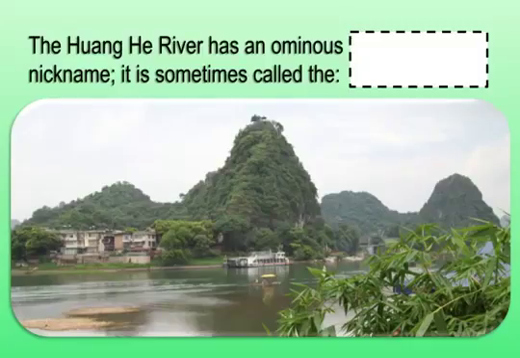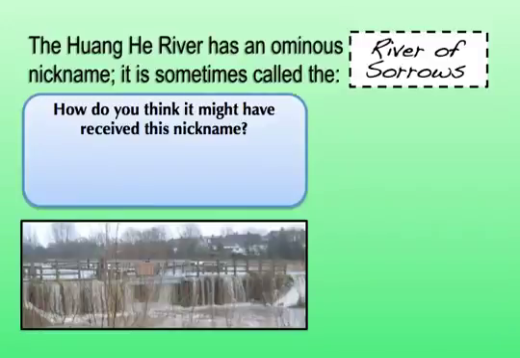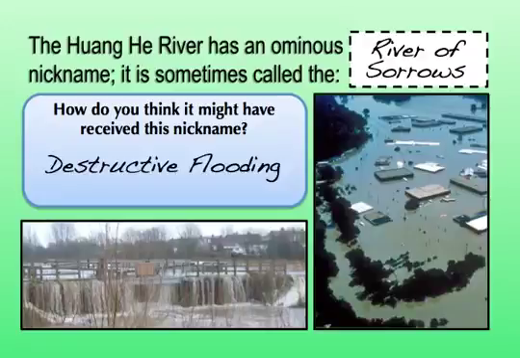Let's go back to China and talk a little bit about the Huanghe River, which has a very ominous nickname. It is sometimes called the River of Sorrows. Now, where do you suppose it's going to get a name like the River of Sorrows? Well, of course, that comes from the destructive flooding. When it floods, it levels crops and houses.